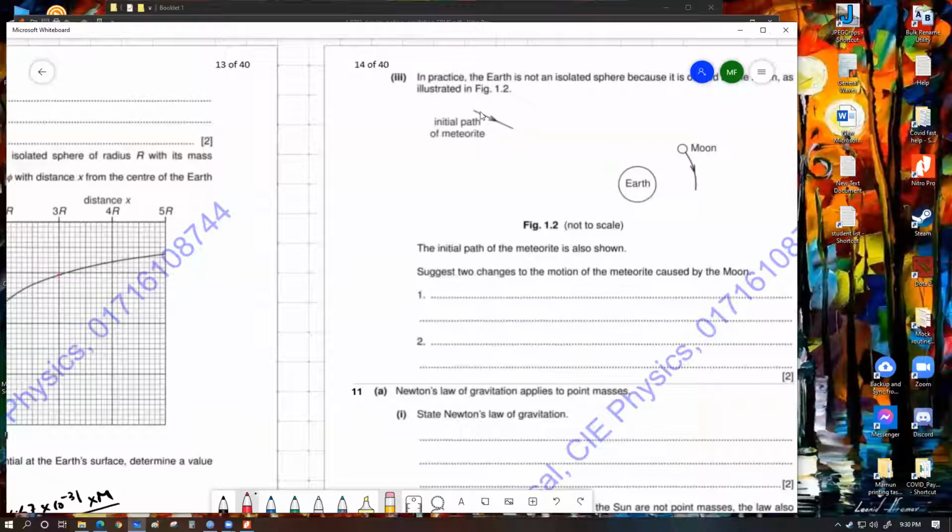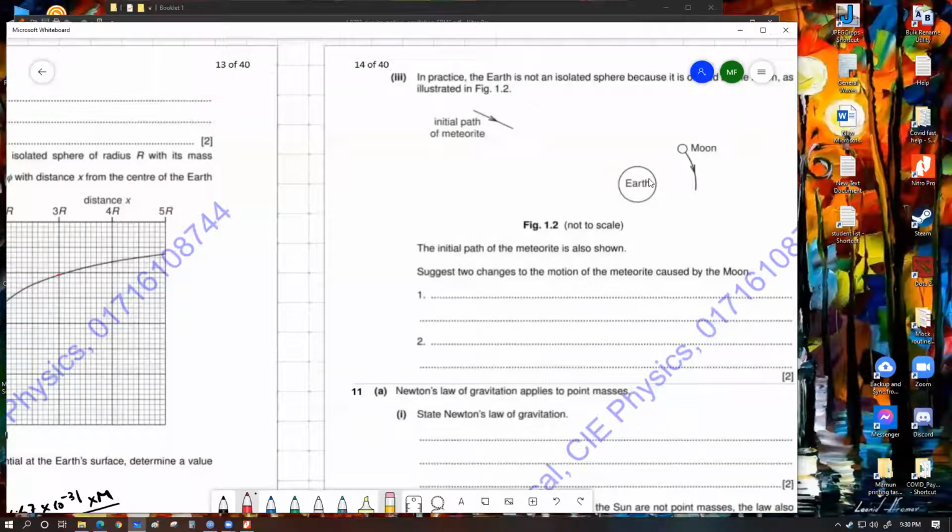And then the trajectory of the meteorite, or the direction of the velocity of the meteorite, should not be exactly towards the center of Earth, because wherever the moon is located, the moon is going to try to deviate it. I cannot say the exact direction in which the meteor is going to head, but I can say for sure that it's definitely not going to aim directly at the moon, because Earth is there.